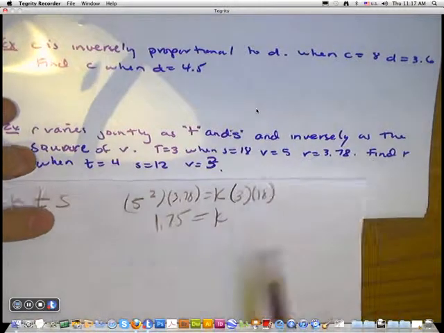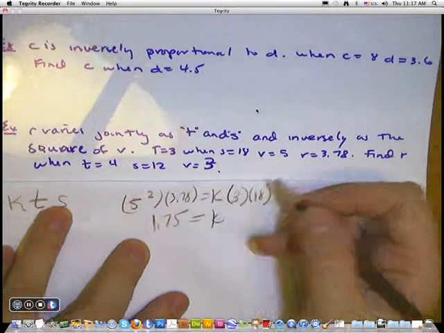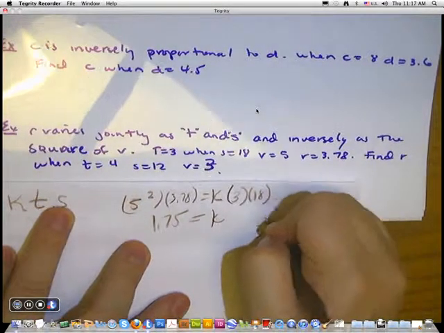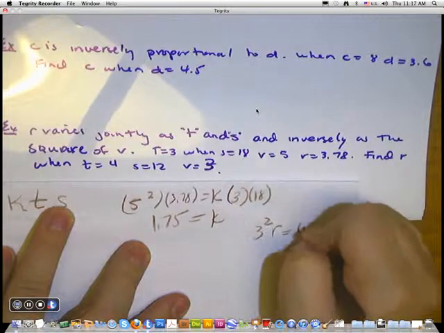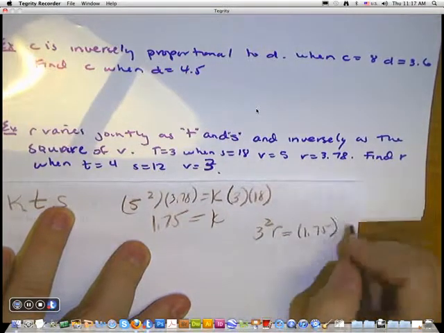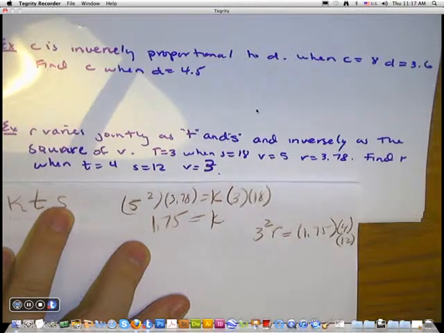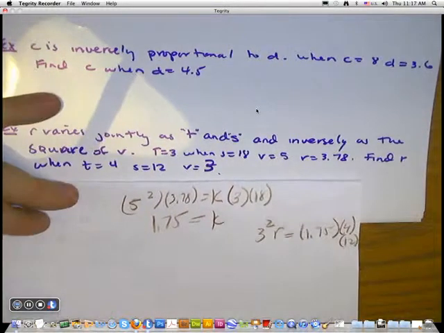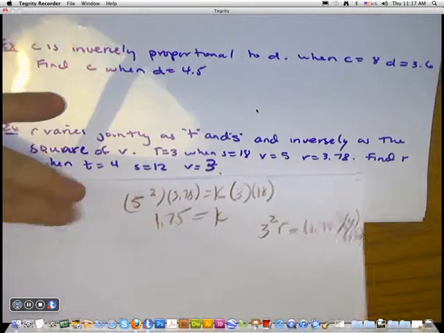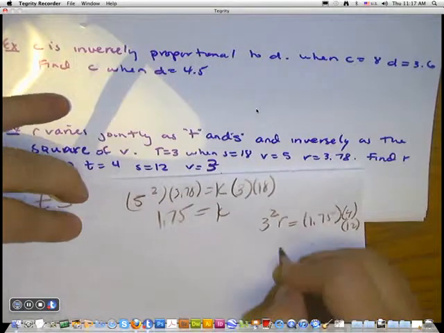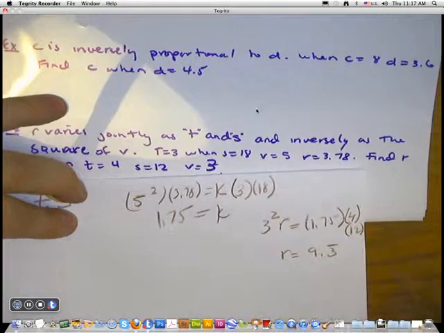Now I'm going to use K to find R when I know V, I know K, I know T, and S. So 1.75 times T of 4 times S of 12, all divided by the 9, and we get 9.3.